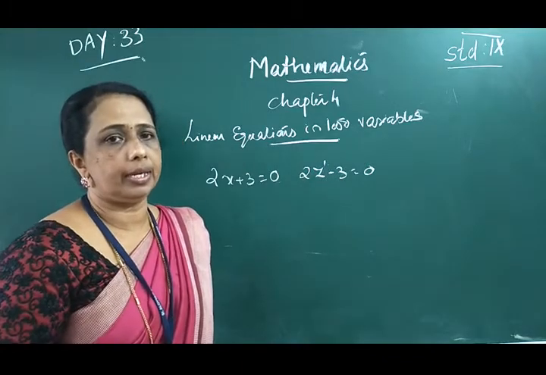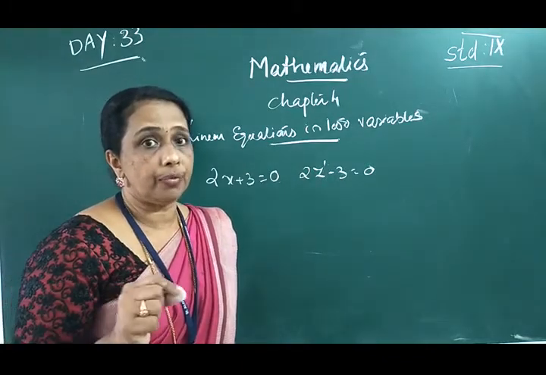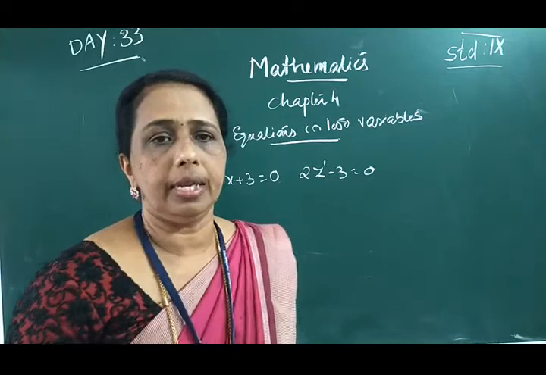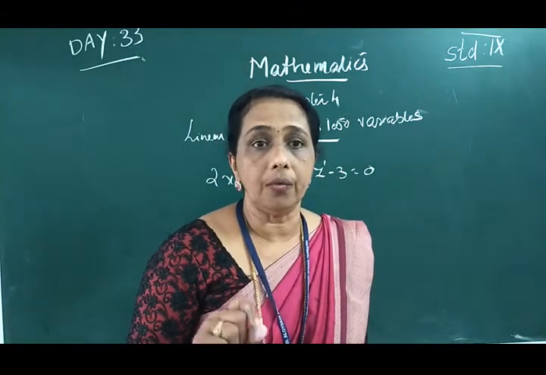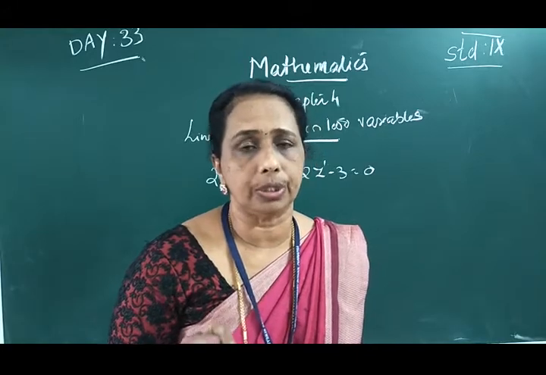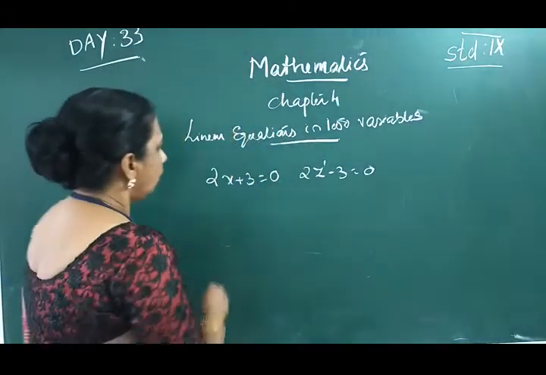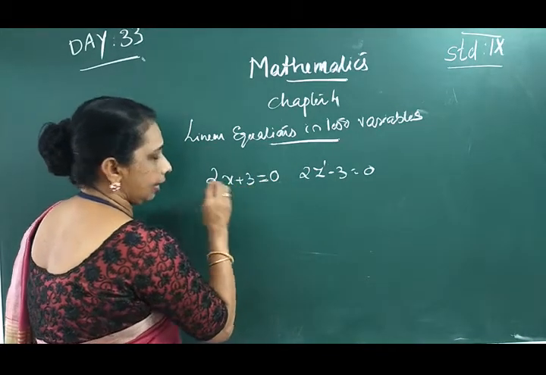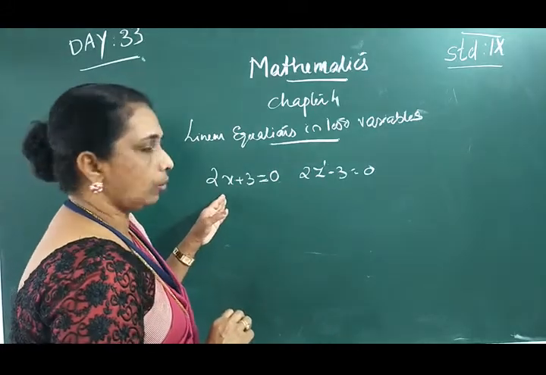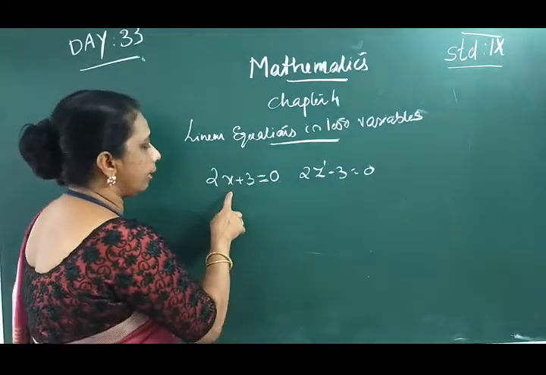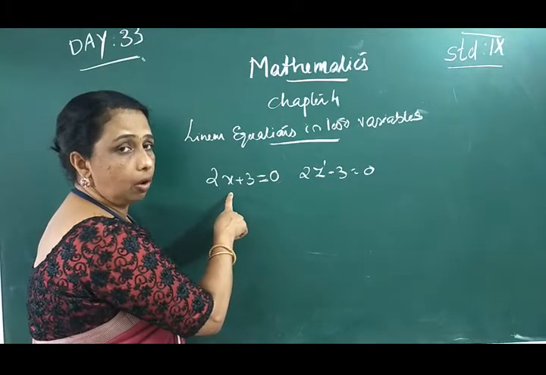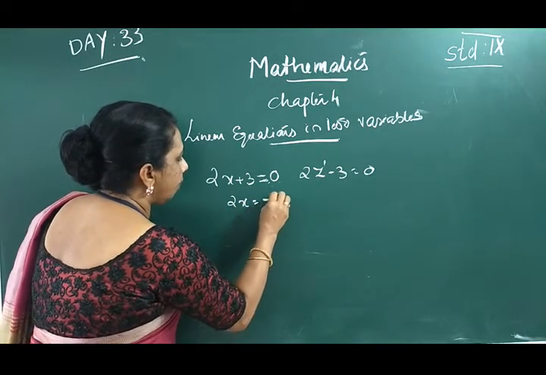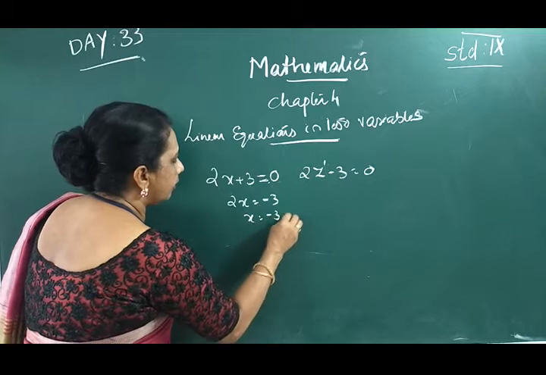And you also already studied what the solution or roots of a linear equation are. A linear equation in one variable has only one solution, that is, a unique solution. You know how to find it. For 2x plus 3 equal to 0, then 2x is equal to minus 3 and x is equal to minus 3 by 2.